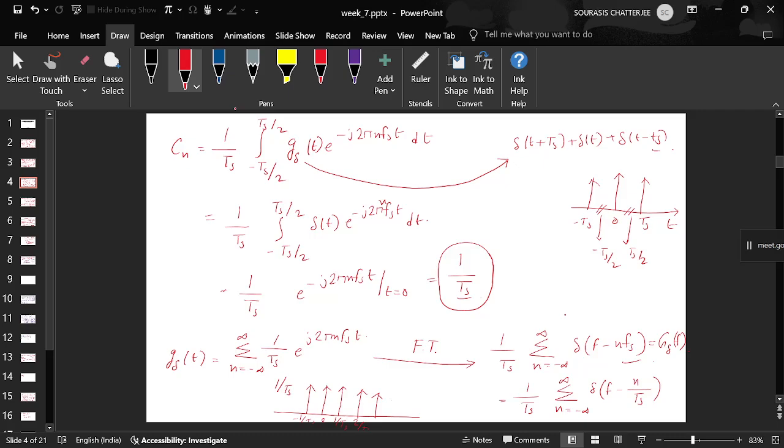Sorry, when your TS increases, then in the frequency domain the impulses are going to be much more dense, that is the gap between them is going to be small. So this is the only difference. Otherwise, an infinite impulse train in the time domain will have a frequency domain representation of an infinite impulse train again.